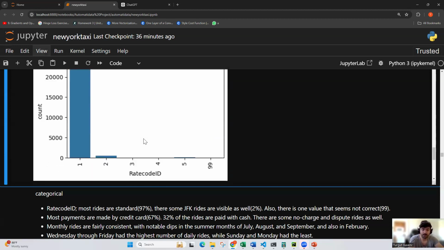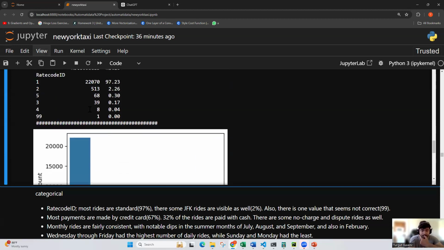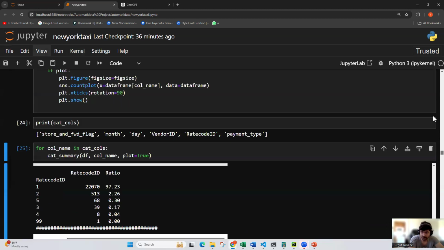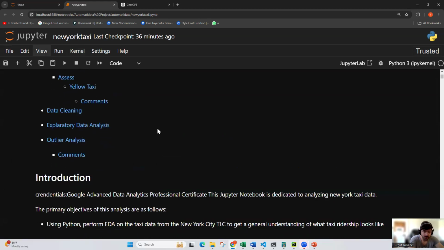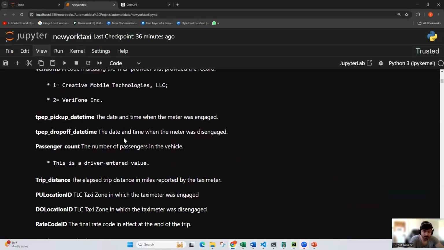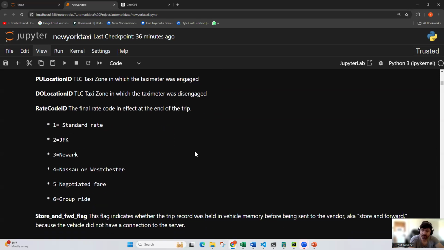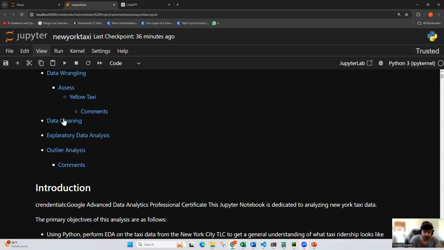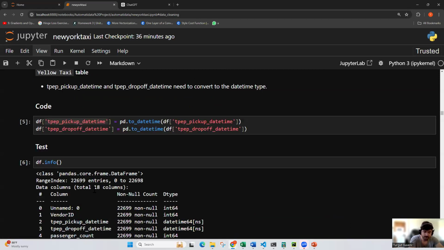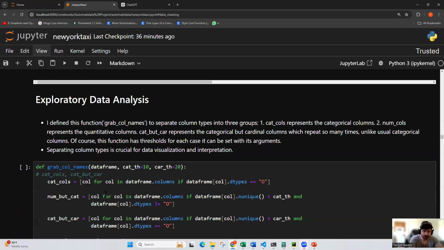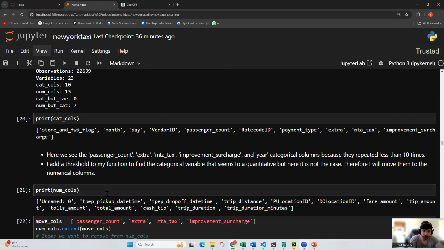And then rate code ID. What was the rate code ID? Let's remind ourselves. Okay, this one is whether it's the standard rate or not. Let's go back there.